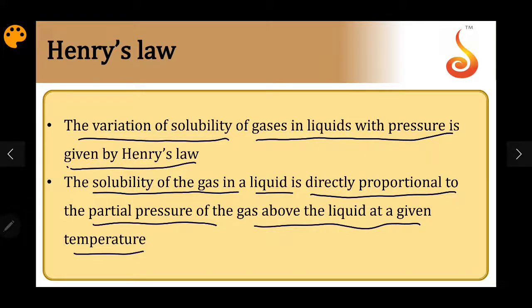Whatever gaseous mixture we are taking, if I want to dissolve that particular gas in the liquid, the solubility of the gas is always proportional to the partial pressure of the same gas above the liquid surface.